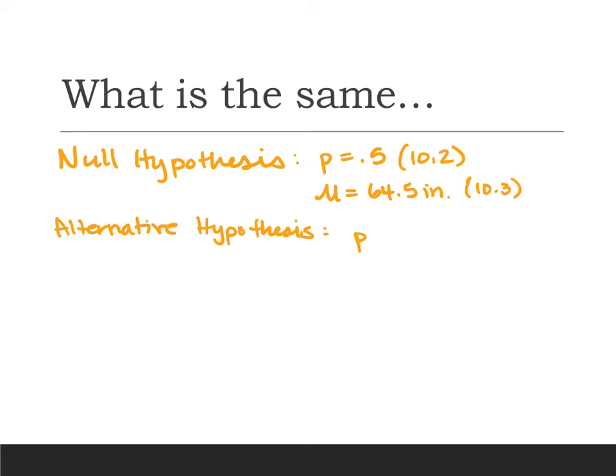And so remember, this can be any of our three inequality symbols. So we don't want to have anything that includes equality at all. So I'm not going to have a less than or equal, I'm not going to have a greater than or equal, and I'm definitely not going to have an equal because that's in my null hypothesis. But I'm going to either have greater than, or, as in 10.2 where we dealt with proportions, we might have a less than.